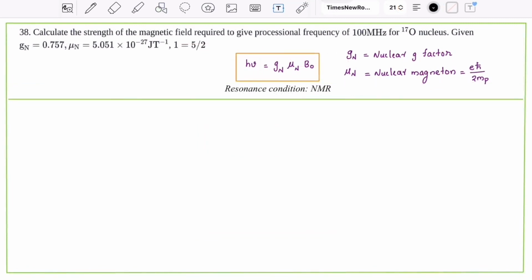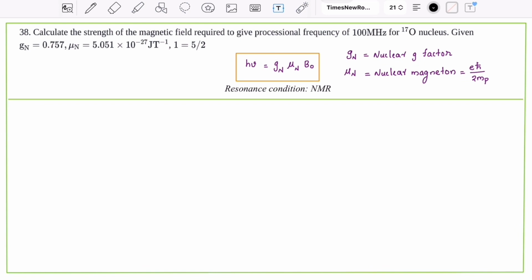The next question is calculate the strength of the magnetic field required to give processional frequency of 100 MHz for oxygen 17 nucleus, given Gn is equal to 0.757, mu n is equal to 5.051 into 10 raised to minus 27 joule per Tesla, I is equal to 5 by 2.